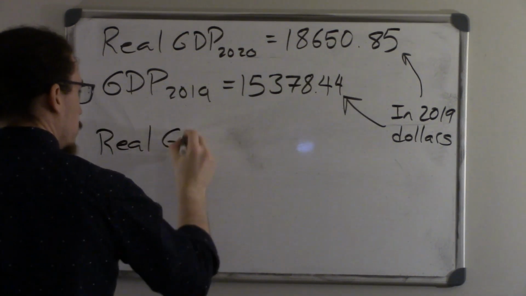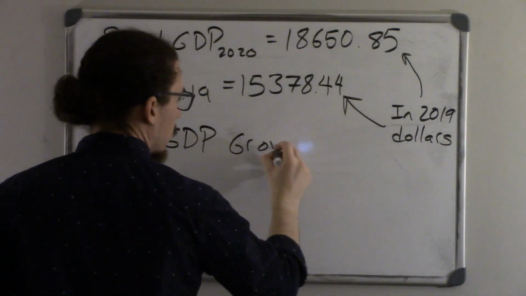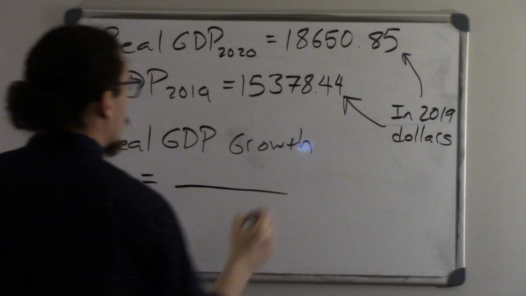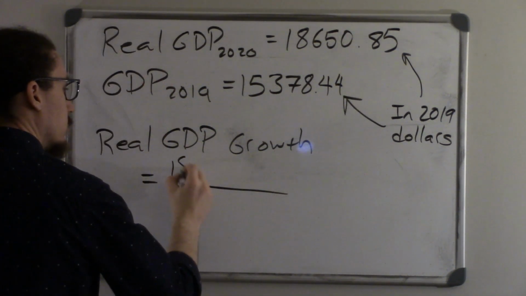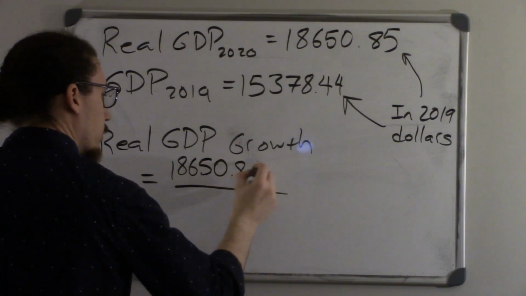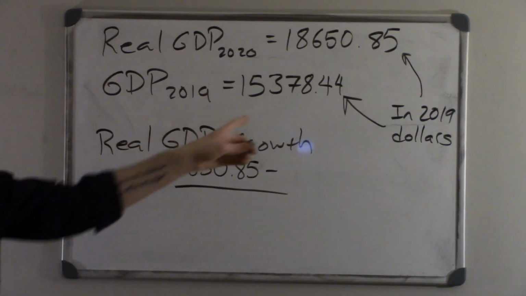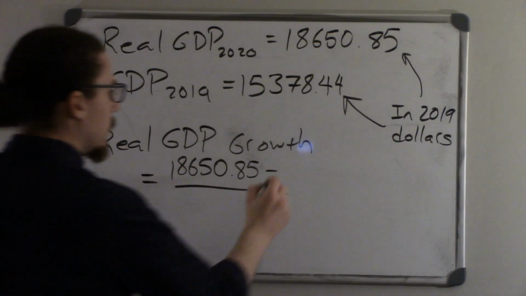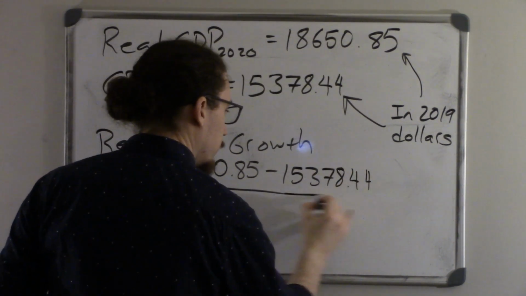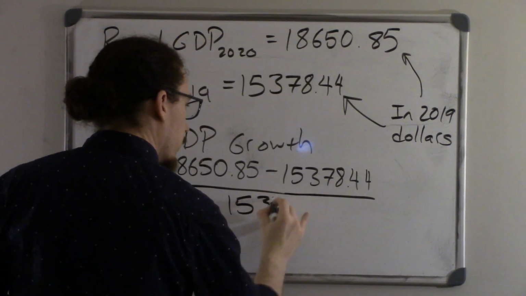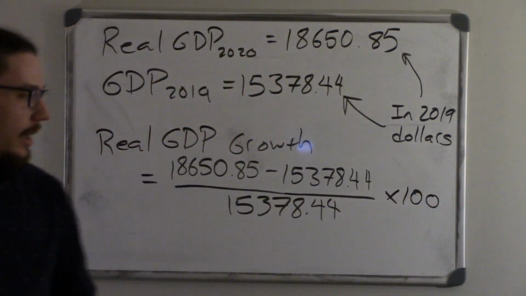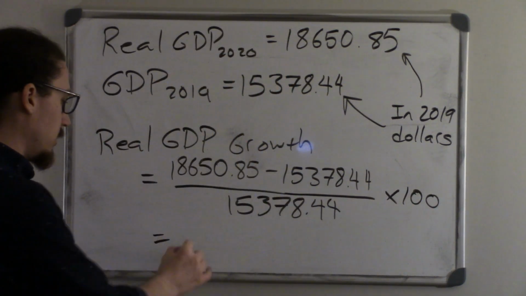So these are both in 2019 dollars. If we're looking for our real GDP growth rate, I'm going to do the calculation down here. We take our most recent year, the real GDP for 2020, 18,650.85, subtract from that our GDP for 2019, 15,378.44, and then divide by that as well.